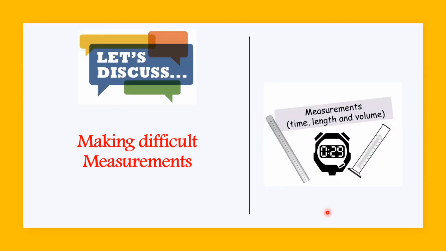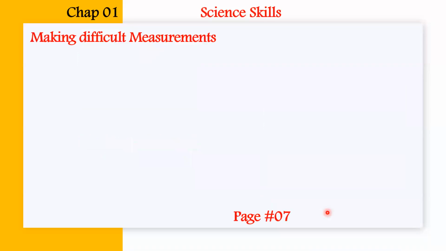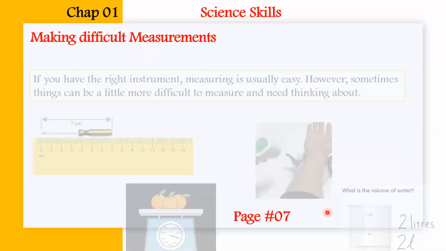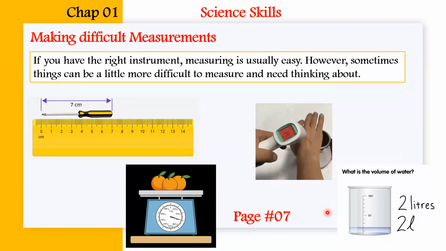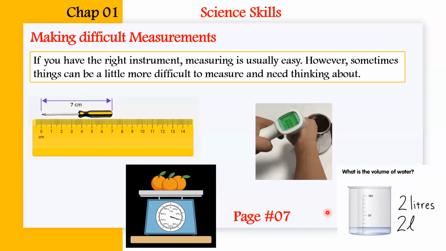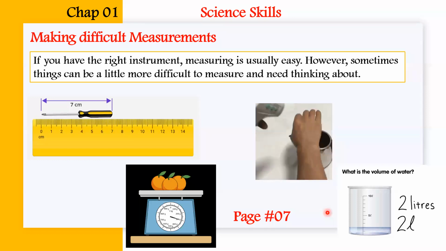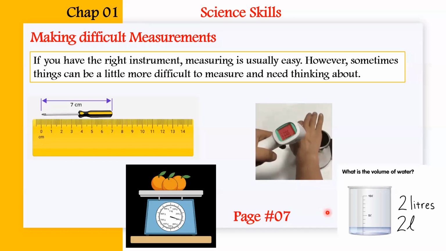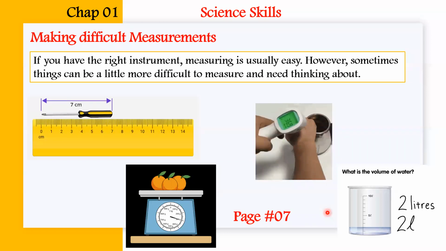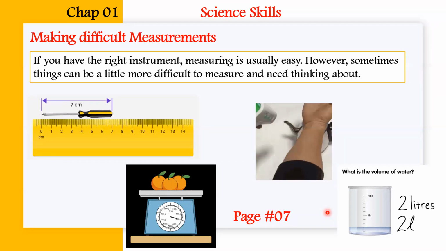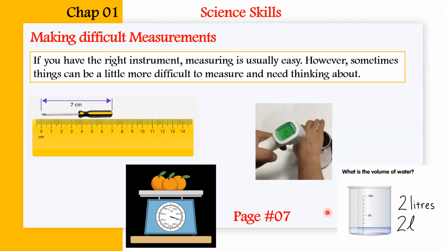Making difficult measurements: how you can measure some different measurements. If you have the right instruments, first you will take the right instrument, then measuring is usually easy. Then you will be able to measure the things quite easily.